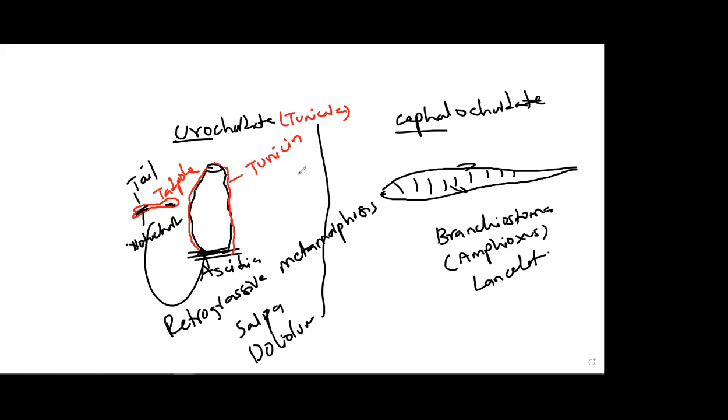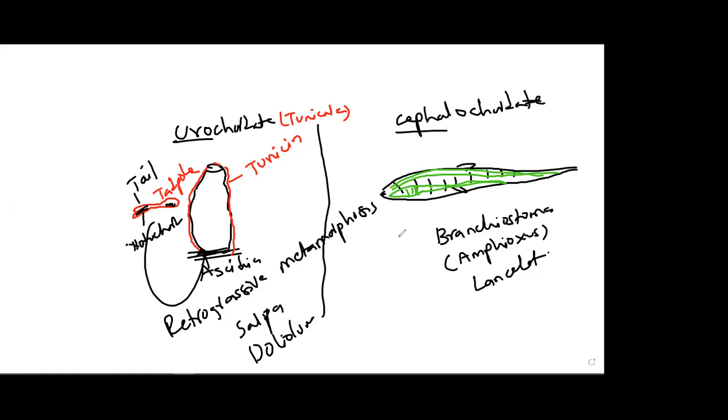And coming to cephalochordates, very important in these animals. See, notochord, nerve cord, gill slits, they remain throughout life, right from the larva to adult.